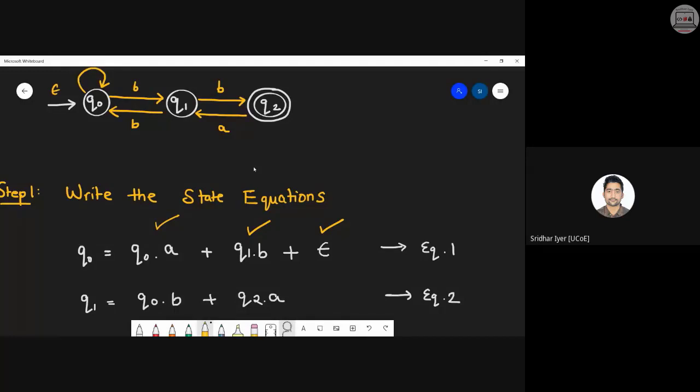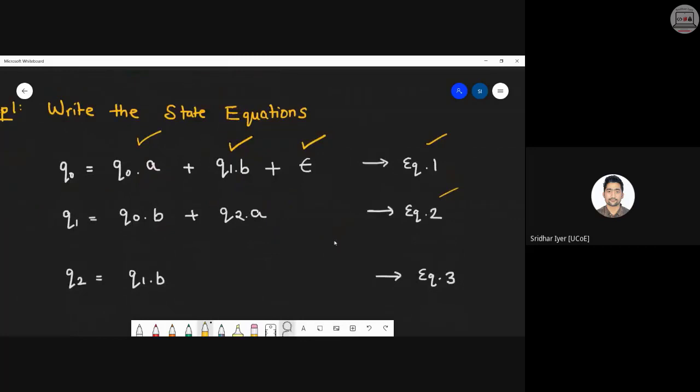The sequence doesn't matter, you can write Q2 first and Q0 later, no issues. As we did in maths, you have to number those equations: equation 1, equation 2 and so on. The first one I have solved for you, the second one you have to do for me. Similarly Q2: Q2 has only one incoming transition, that is from Q1, so it will be Q1 dot B, if I'm not wrong. Correct.